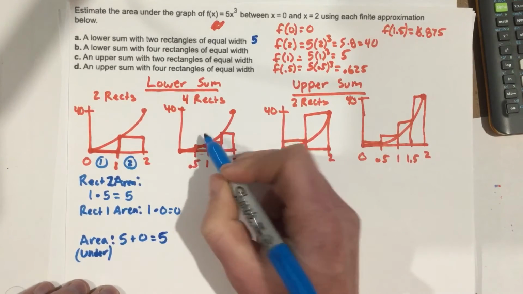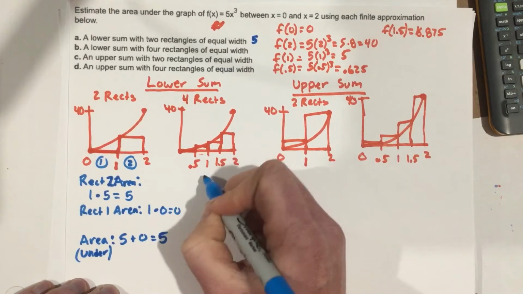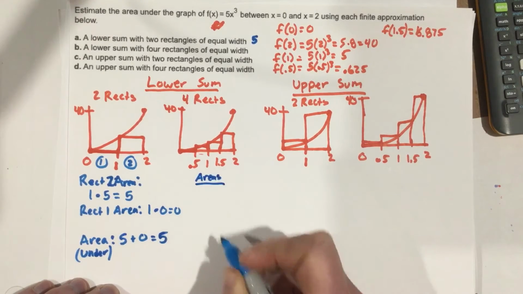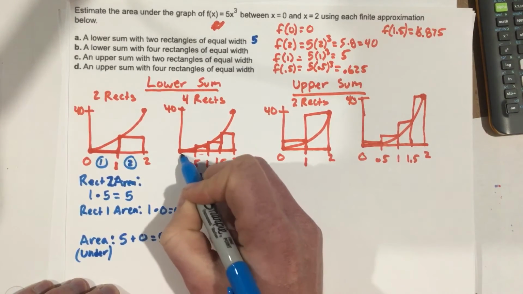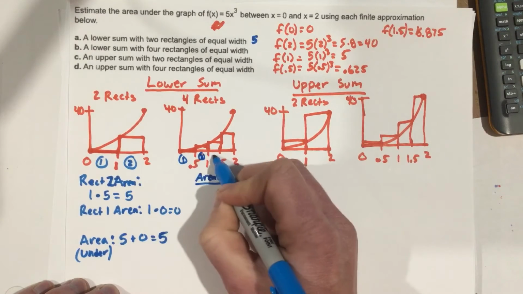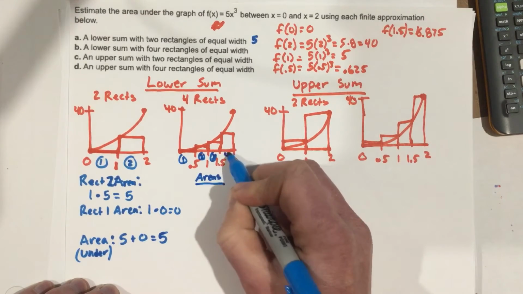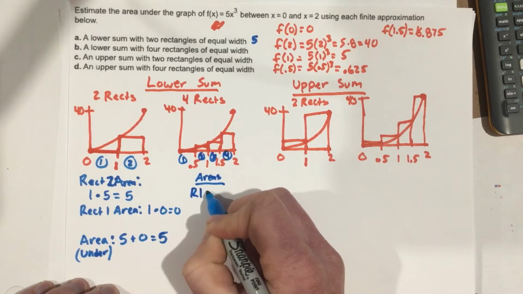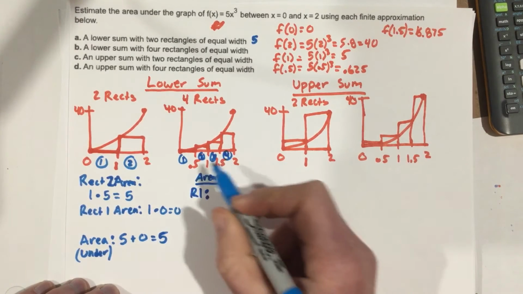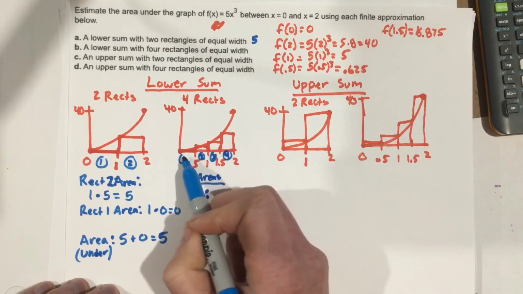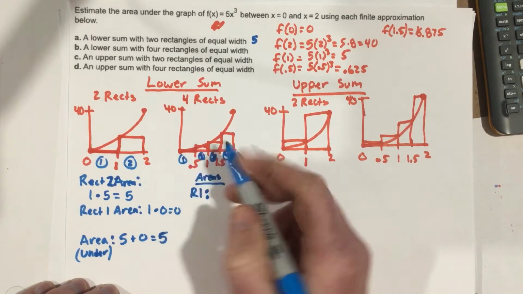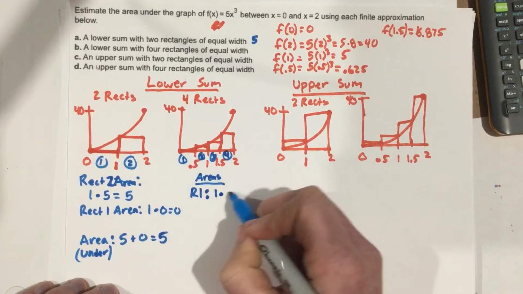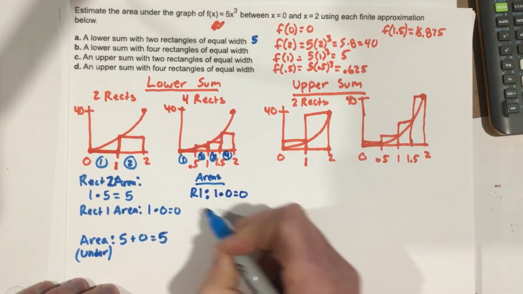Okay, for 4 rectangles. Now I'm just going to say areas here, and then I'm going to write the areas underneath. Now we're going to label this 1, 2, 3, 4. So rect 1, R1, its area is going to be essentially its width times its height. Well, its height is 0 there, so we end up with 0.